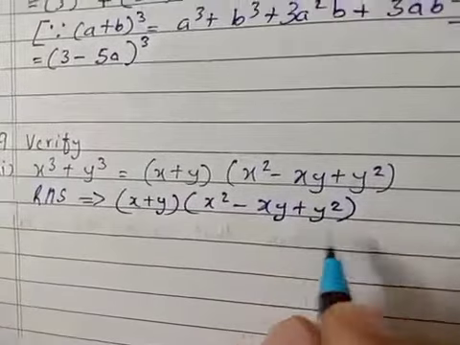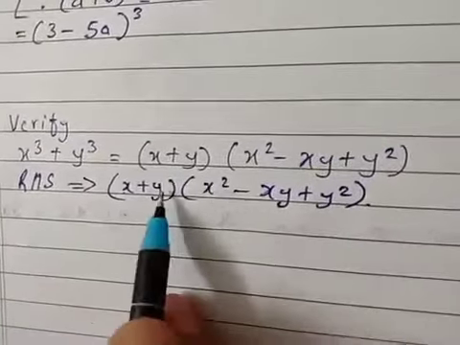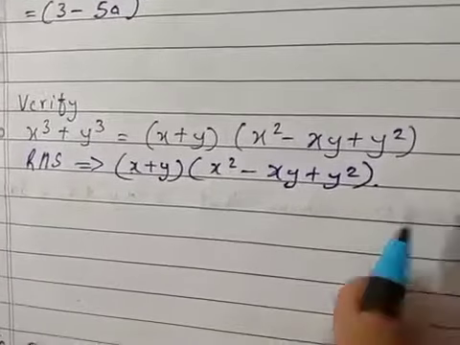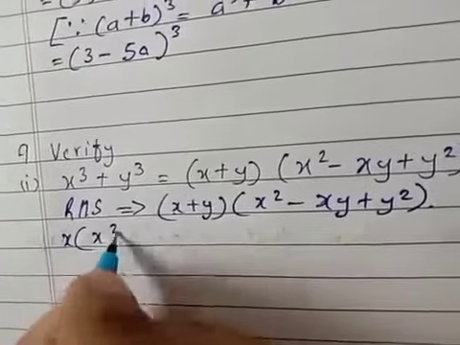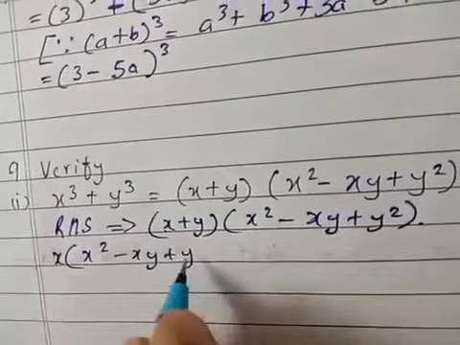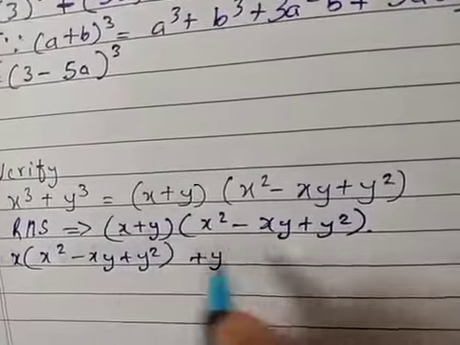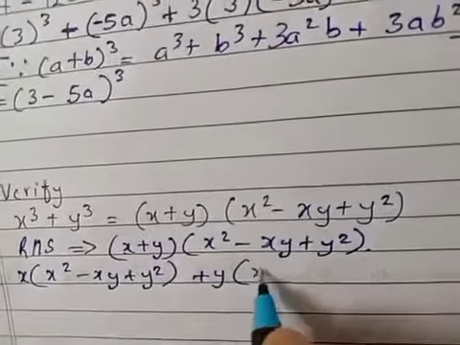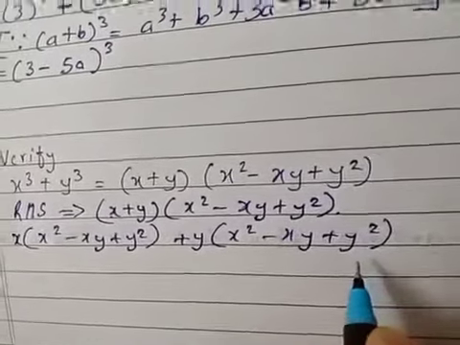Now what do you do? You will multiply x with this whole expression, and y with this whole expression. So it will be x into (x² - xy + y²), and plus y into this whole one, (x² - xy + y²).